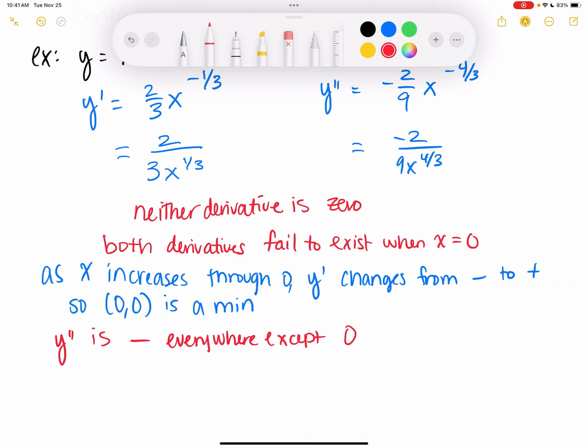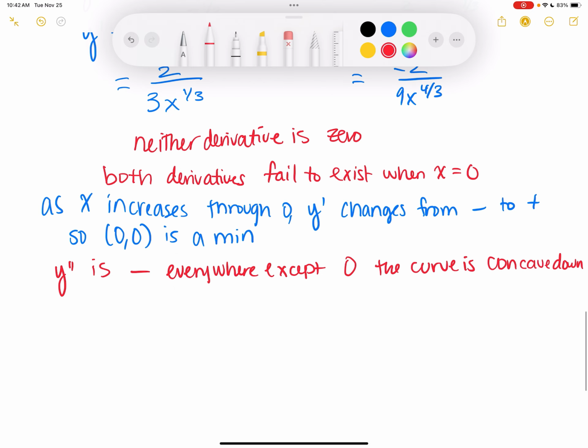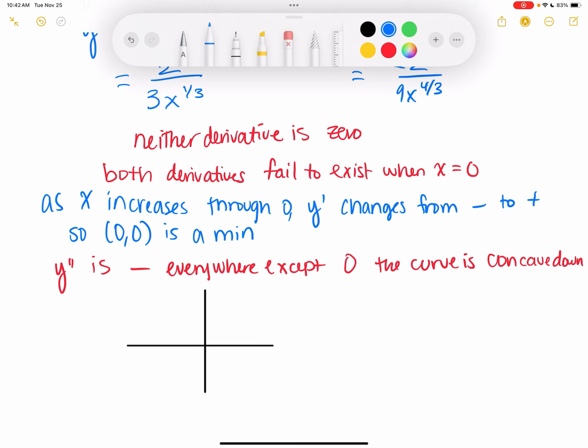So the curve is concave down because it's negative. So essentially, I have what this function would look like. We did this back a little bit when we were talking about the cusps and corners and all of that. But essentially, it's one of those graphs that kind of looks like a bird.